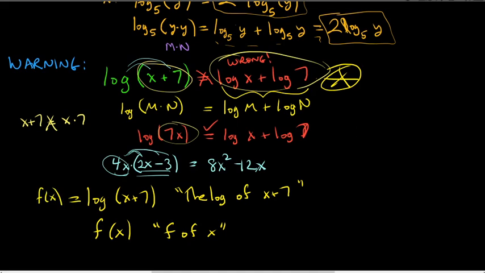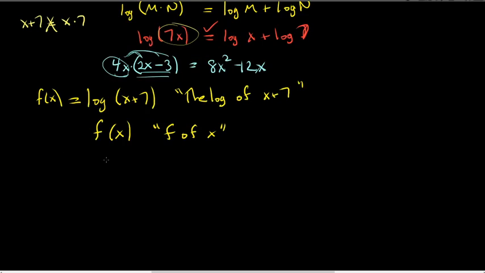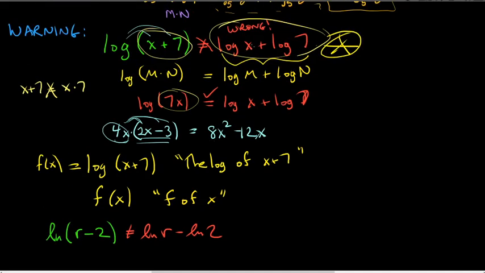And of course, the same thing is true when you're subtracting. Let's take the natural log of r minus 2. Hopefully you know by now that this is not log r minus log 2. You cannot do that, for the same reason that you can't do it up here when you're adding.